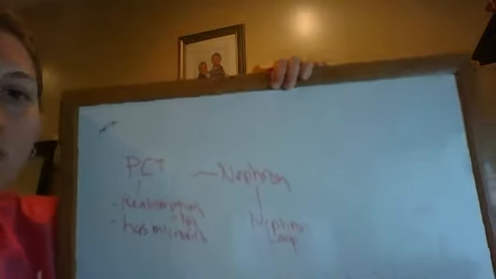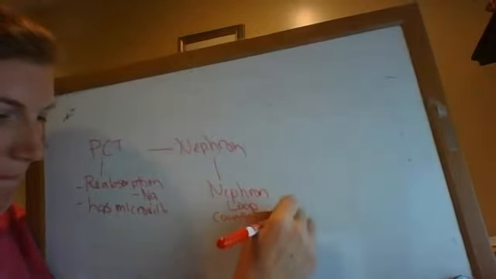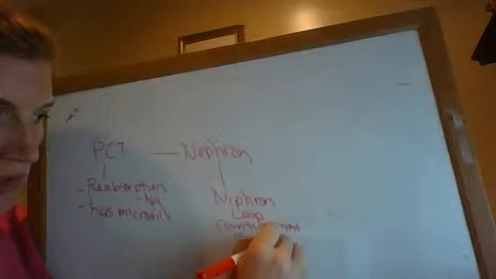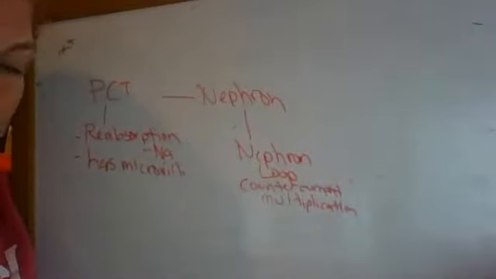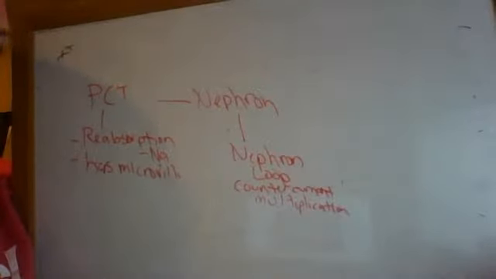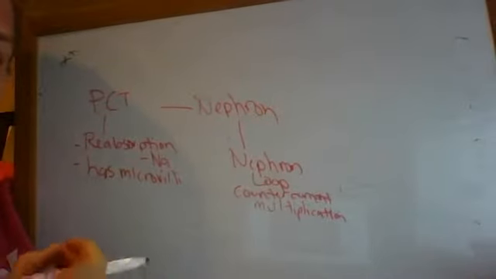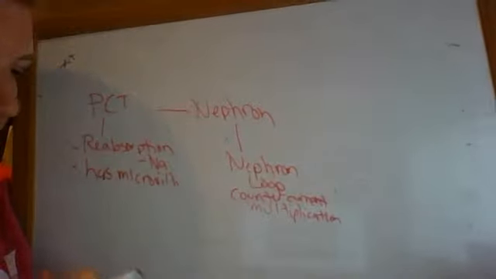The nephron loop uses something called counter-current exchange or counter-current multiplication. Counter-current multiplication is what it says, to increase the absorption rates or reabsorption rates within the nephron. So this is where your filtrate gets super concentrated.